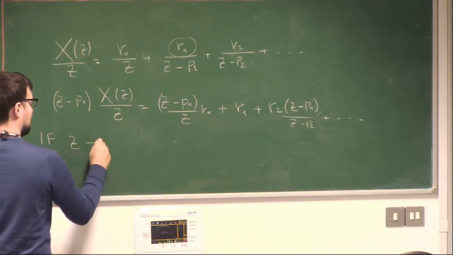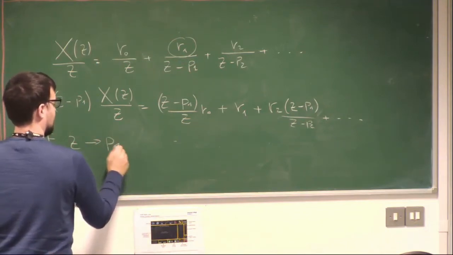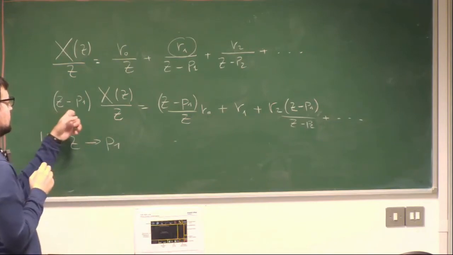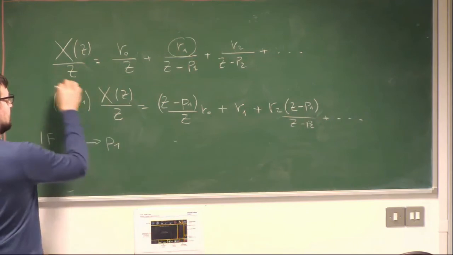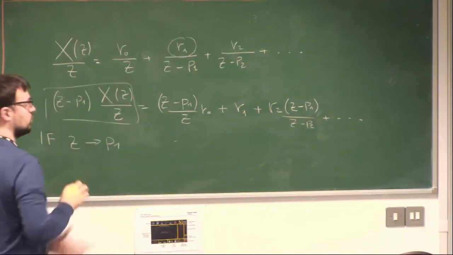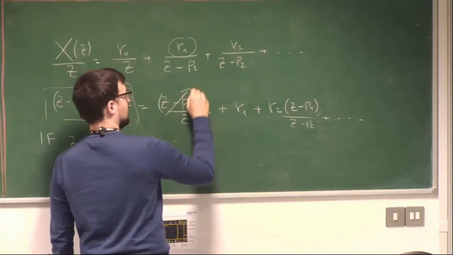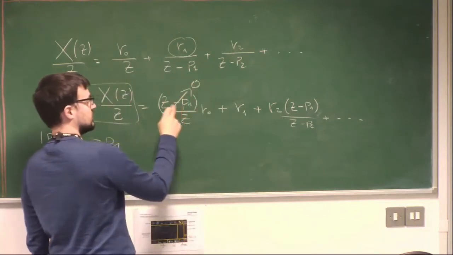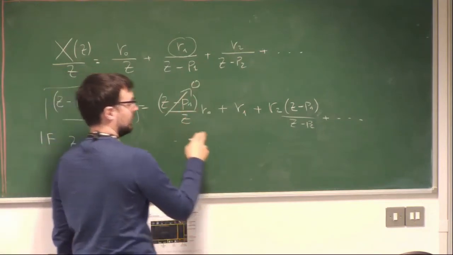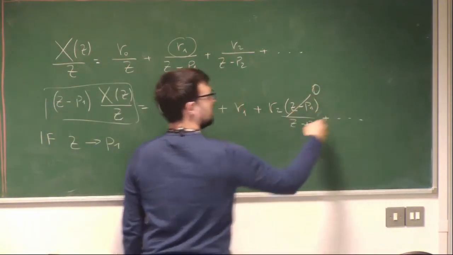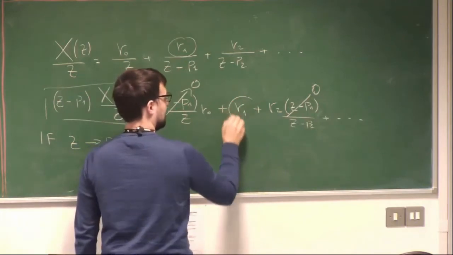z converges to p1, so basically we compute the limit with z that goes to p1 of this term, we have to compute the limit also on this other side, and we see that this term will converge to 0 because we are replacing p1 here. This term will converge to 0, and this will be true for all the terms apart from this term.